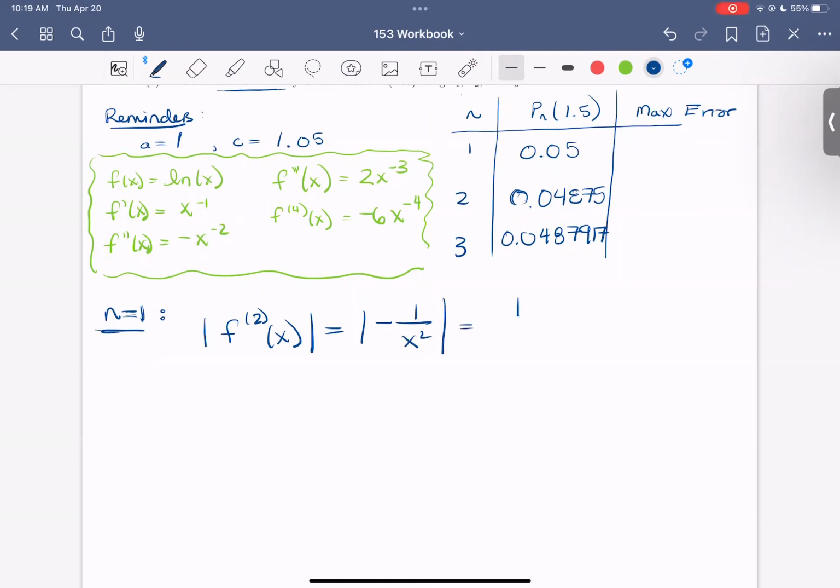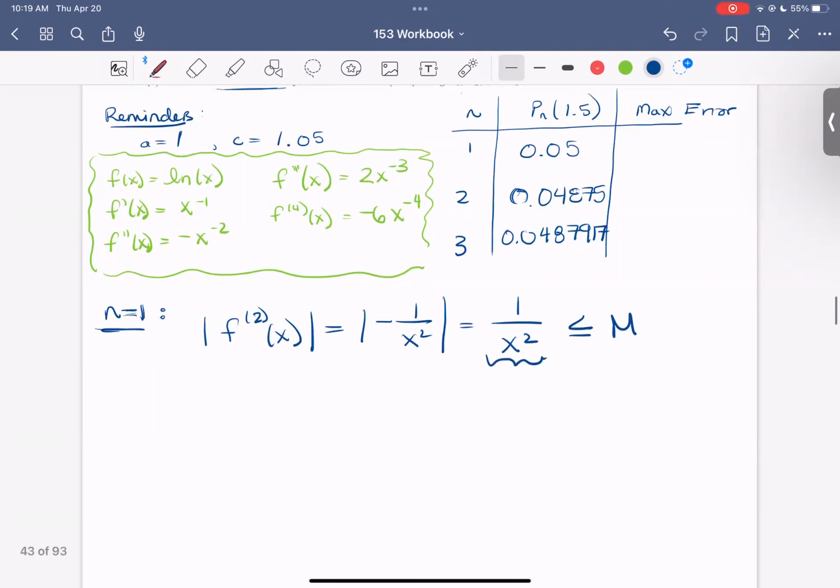Taking the absolute value, that is just 1 over x squared, because the denominator is always positive. We need to find an M that's a maximum of this function on the interval, not from 0 to 1, I misspoke, from 1 to 1.05.